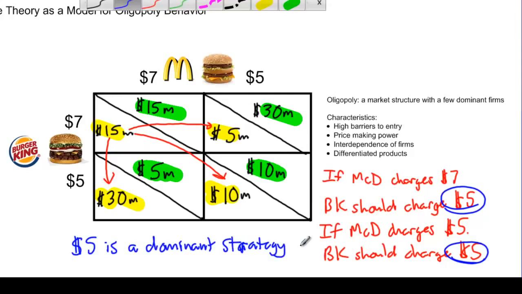A dominant strategy exists if an oligopolistic firm should always do the same thing regardless of what its competitor does. In the case of Burger King, it should always charge $5. Burger King can be better off by charging $5 whether or not McDonald's is charging $7 or $5. We have demonstrated this by showing that there is always an incentive for Burger King to charge $5 based on its competitor's behavior.